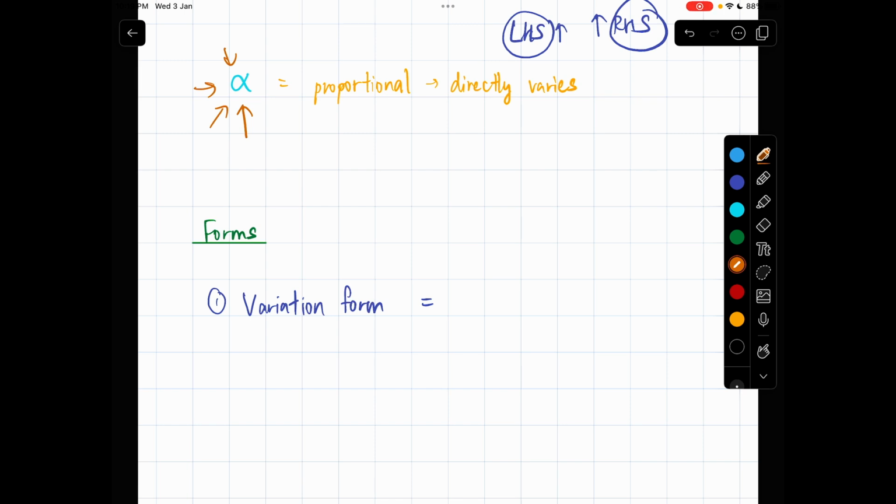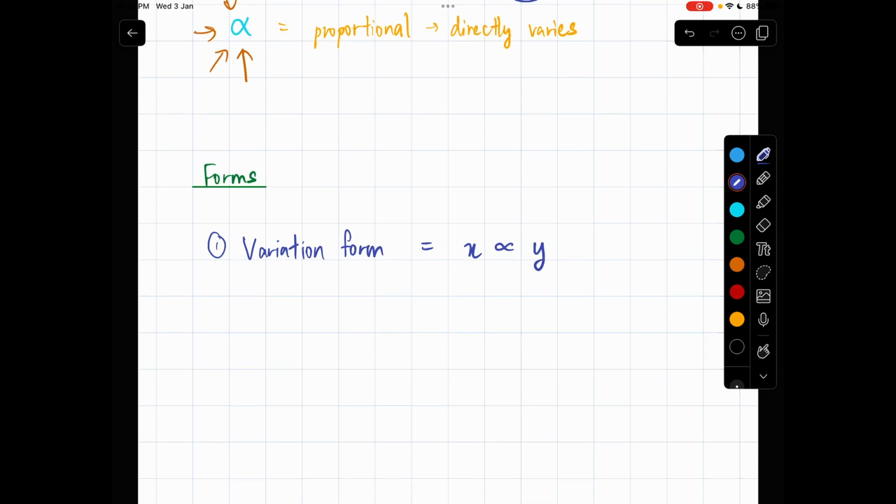For example, the question says, as the value of x increases, the value of y also increases. So for that scenario, we can just write it down as x proportional symbol to y. That's it. This denotes that when x increases, y also increases. That's the variation form. The same situation can be written down as another form, which is the equation form.